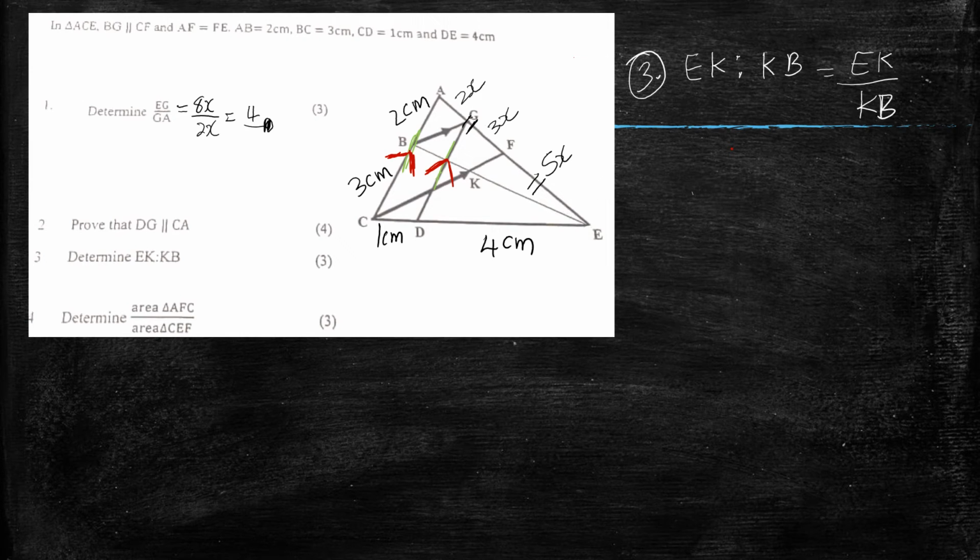EK is here. BK is that one. Or KB is that one. Can you see that they are found on that smaller triangle where we can apply proportionality theorem? So the idea here is, if they want you to get the ratio, get the length, check on which triangle this length is, where I can actually apply proportionality theorem.